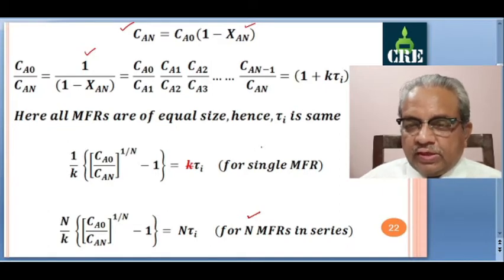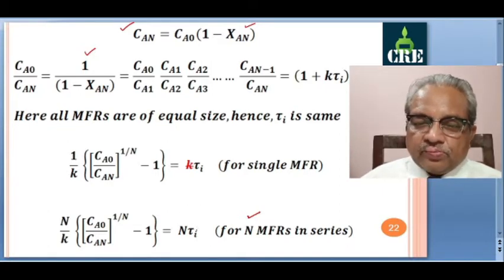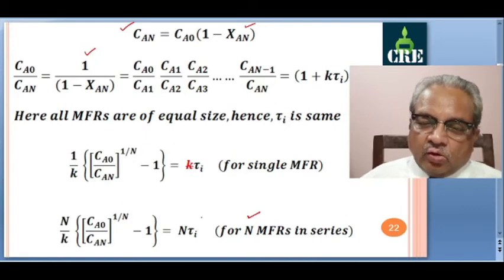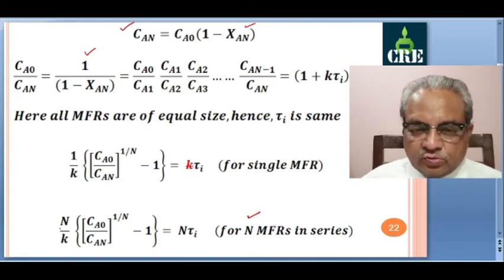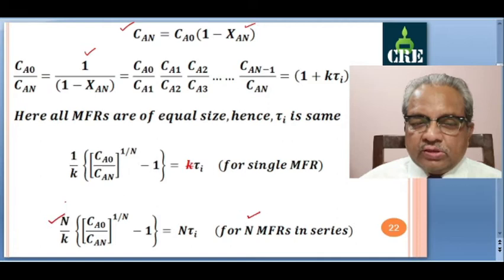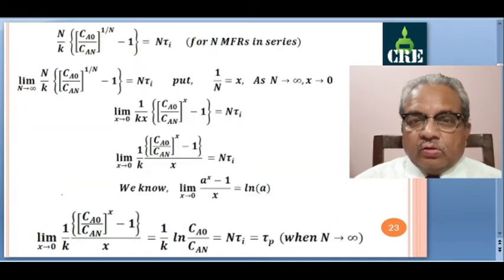For 3 reactors, 3 tau. And tau i is the same, so you can write it as tau also. So this expression is multiplied by n for n mixed flow reactors, which combines all the tau i from i equals 1 to n, and I have to multiply by this n on this side also. So for n mixed flow reactors in series we get this expression, which we have seen.